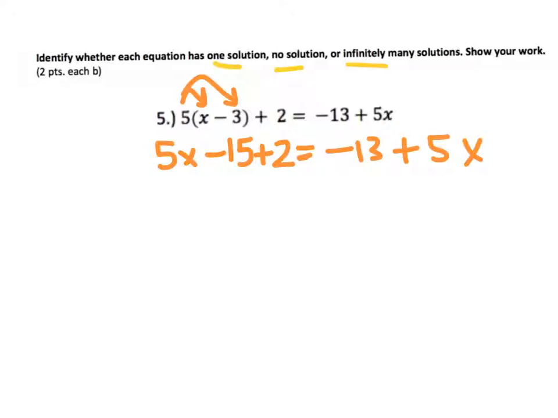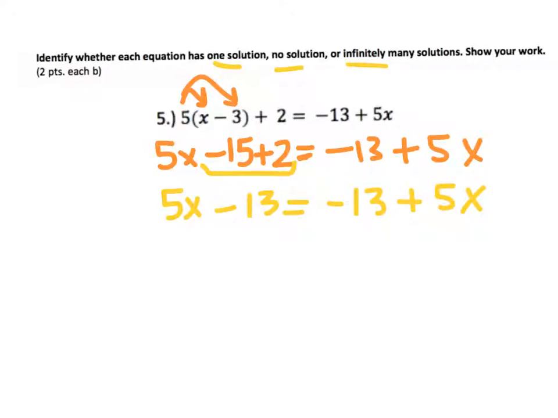Now I look to see if there's anything else I can simplify. I can say that negative 15 plus 2 would be negative 13 on this side of the equal sign. So I'm going to bring down the remaining terms.